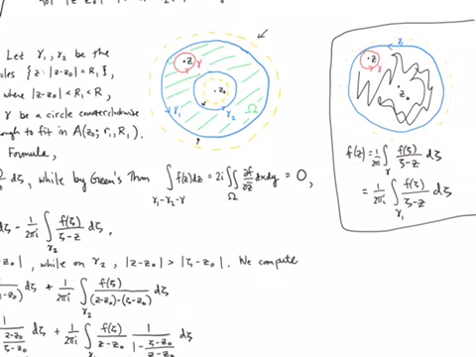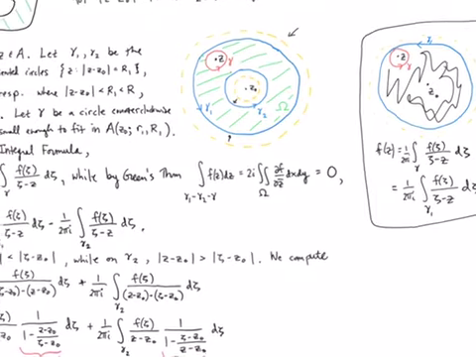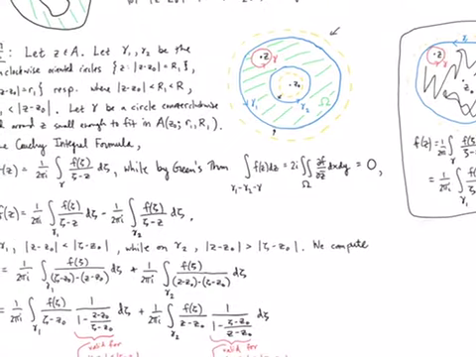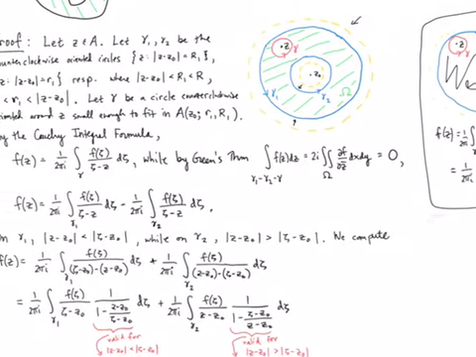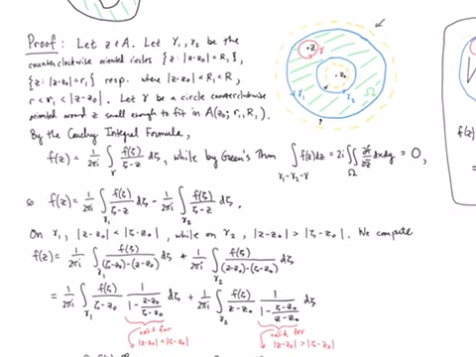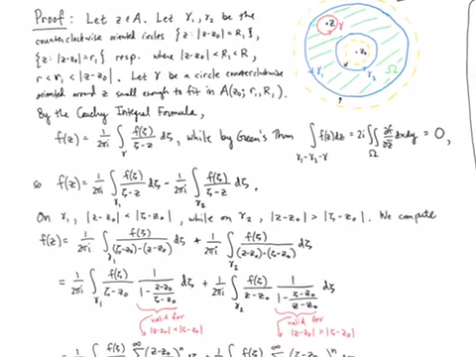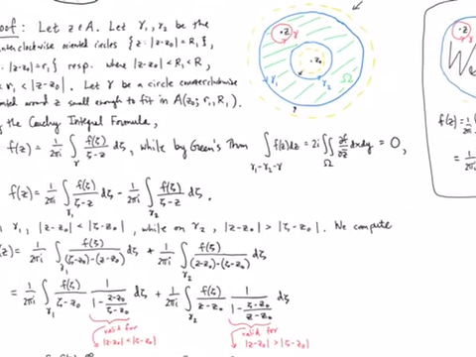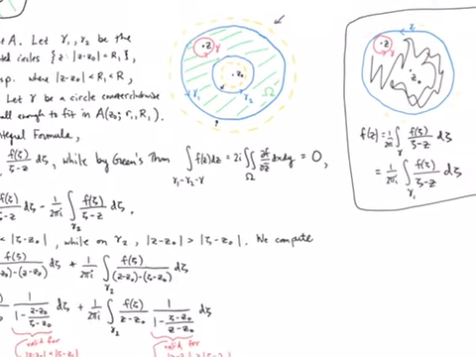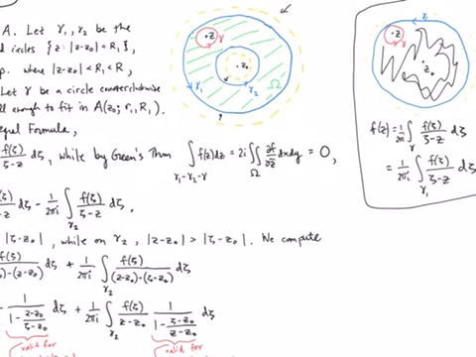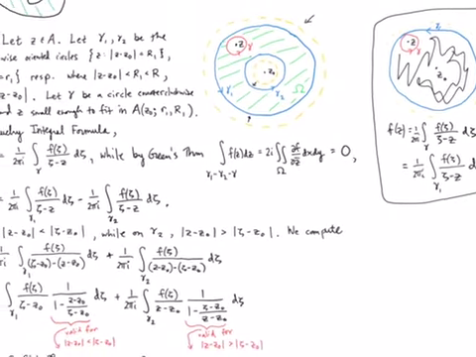So what we'll do is look at the green region omega, which has the boundary gamma 1, gamma 2, and gamma, right? And we'll apply Green's theorem to that region omega. That's going to be the analog of the argument we made in the case with the power series.